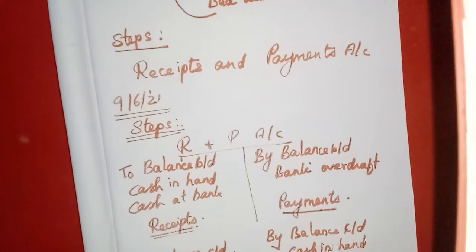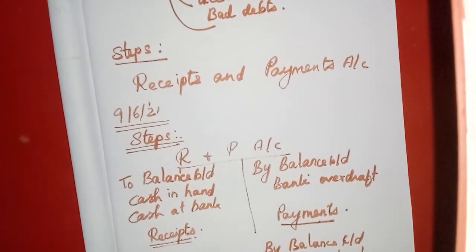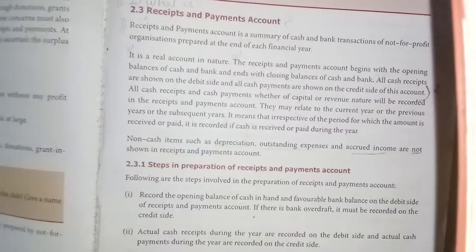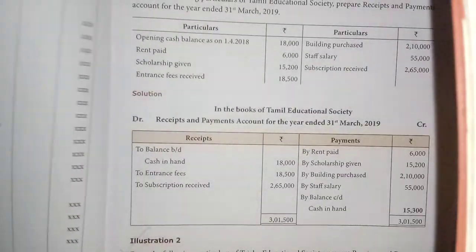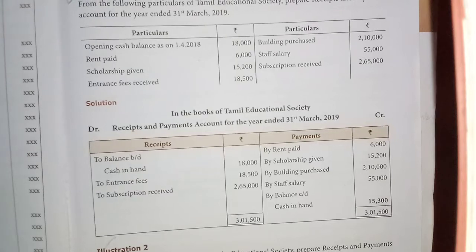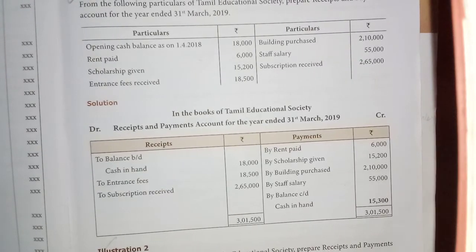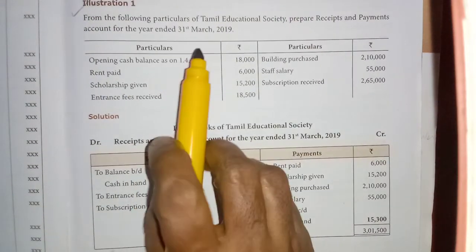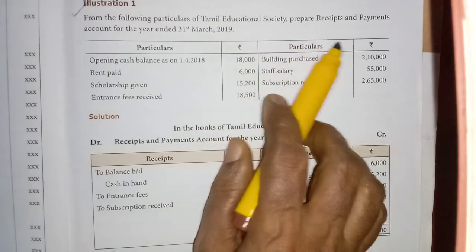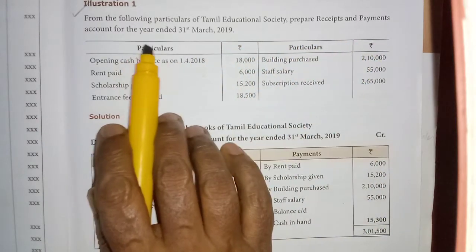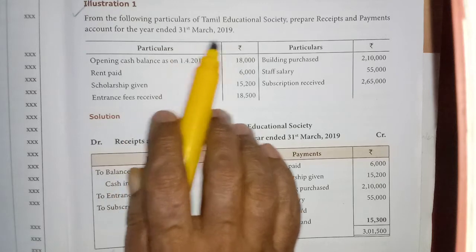Before doing the exercise, I will show you how the illustration has been done. The first illustration: from the following particulars of Tamil Educational Society, prepare the receipts and payments account for the year ended 31st March 2019.